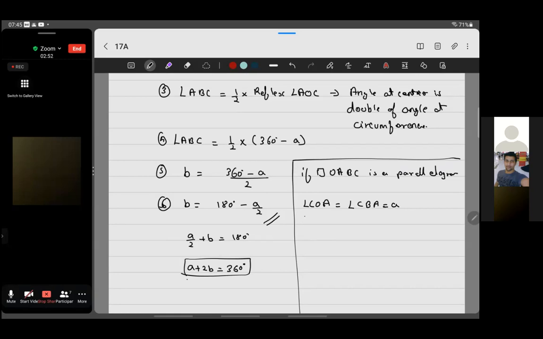A ले लो नहीं तो B ले लो चलेगा, कोई भी एक ले लो. And angle OAB is equal to angle OCB.